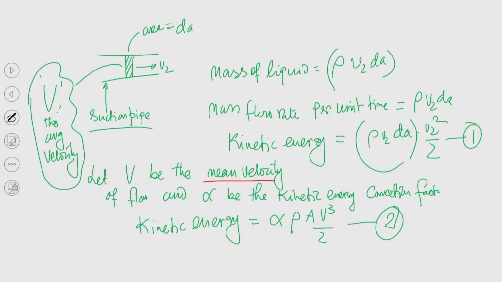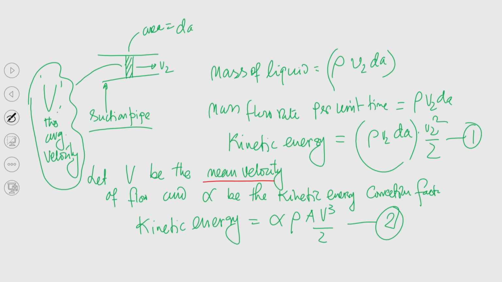If we now go back to the previous slide, considering V is the average velocity that is uniform over the cross section, and if we calculate the total kinetic energy with that uniform velocity, it is given by alpha into rho into A into capital V cube by 2.